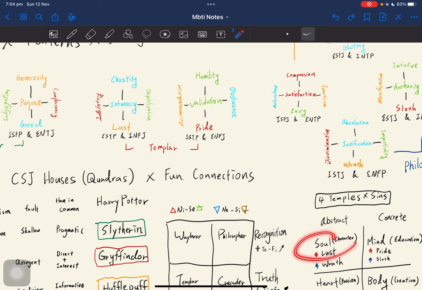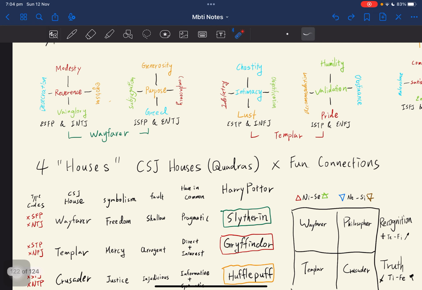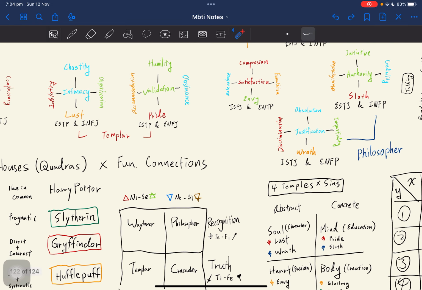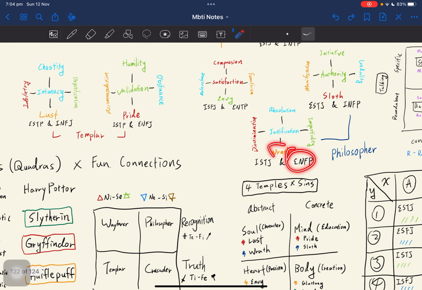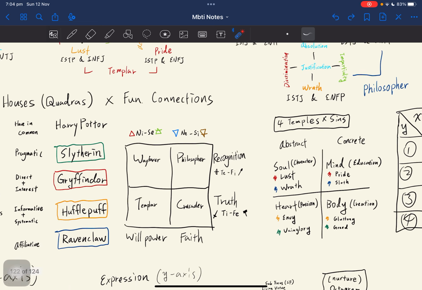They have a soul temple, and they have the lust aestheticism and also rest, because the shadow of INFJ is ENFP, and ENFP have rest aestheticism, so that's why they have lust and rest as their major character flaws, for example.